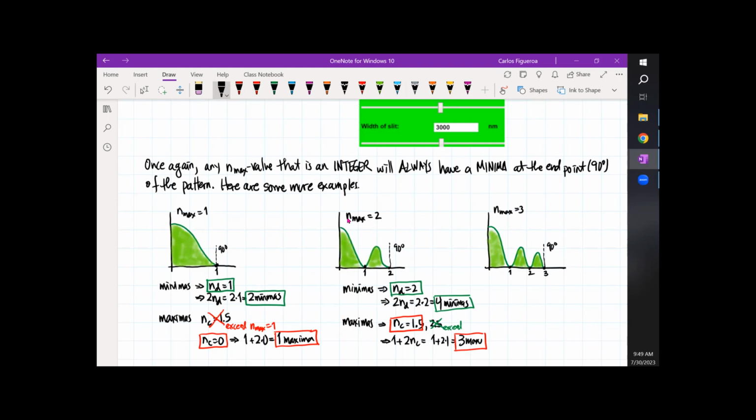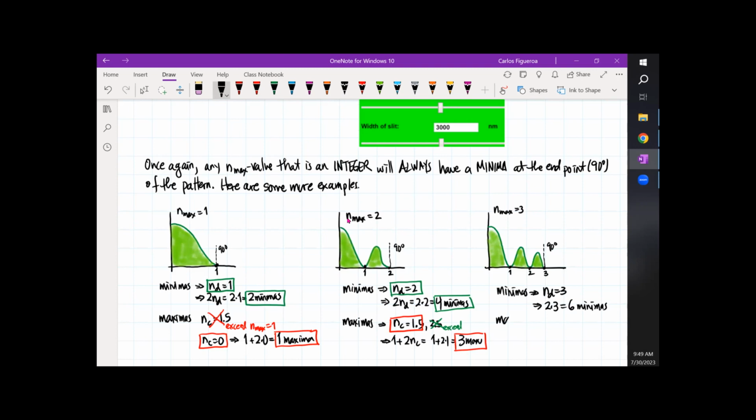So right away, if I look at the minimas, not the maximas, the minimas, we immediately see that ND has to be 3, and therefore it has to have 2 times 3, so I'm going to have 6 minimas.